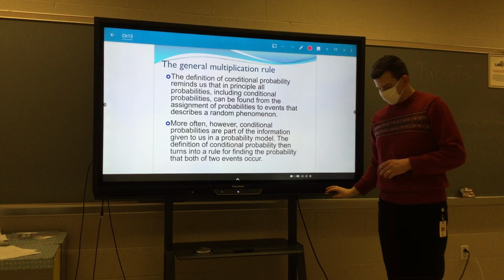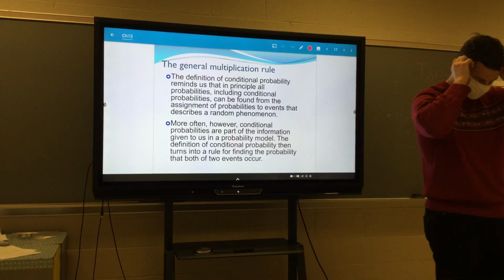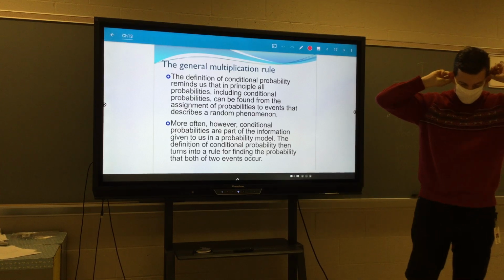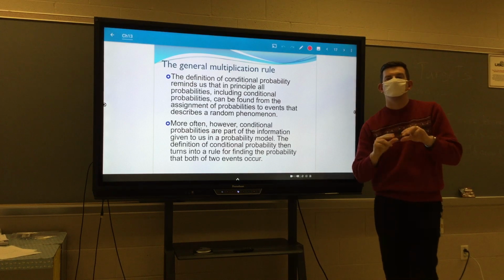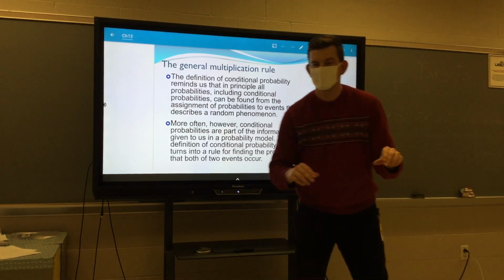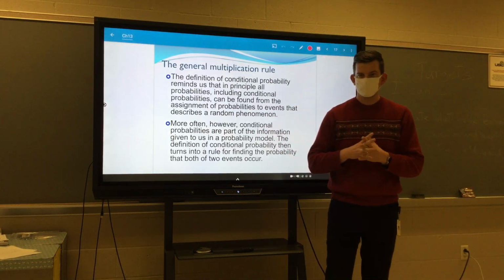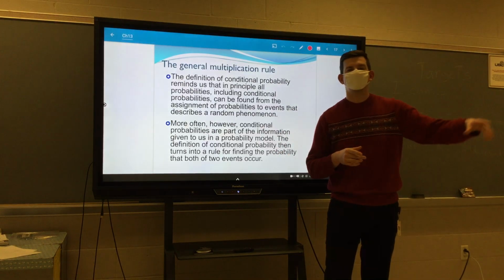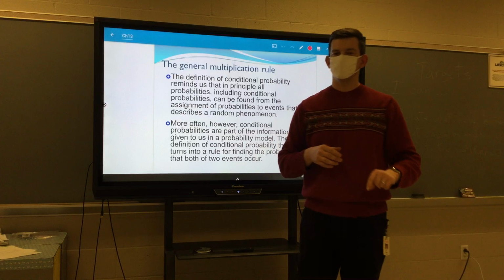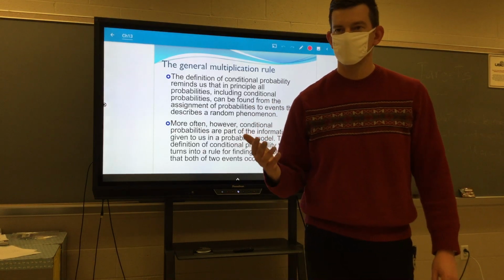Now, what this is saying is that it's tying it back into that general multiplication rule. Okay? All of this work that we've done today with conditional probability, it all goes back to that very first example problem that we did with soccer t-shirts, right?